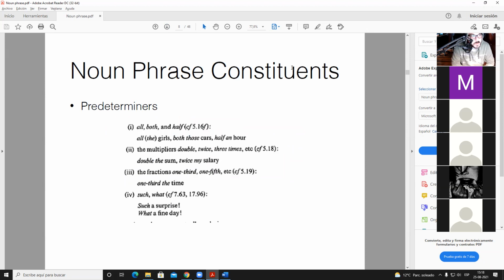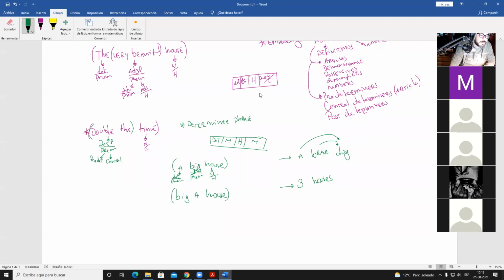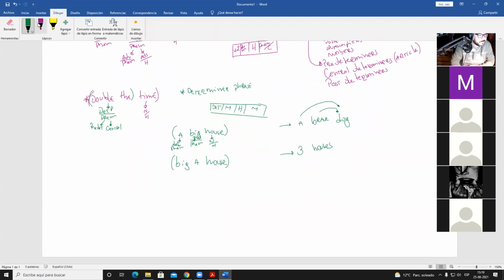Noun phrase constituents. Predeterminers. Here you have a huge list of predeterminers: all, both, half, as in all the girls, both those cars, half an hour. Let's take a look at a couple of them. Half an hour. How would you analyze half an hour?